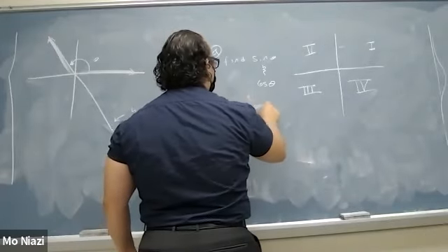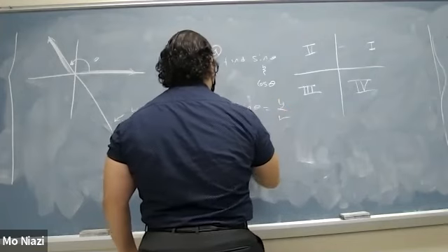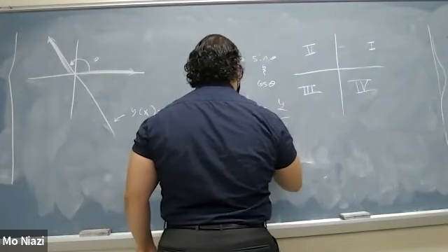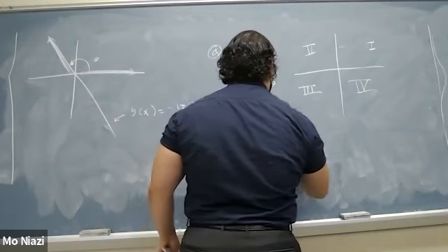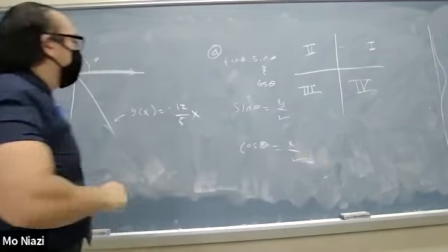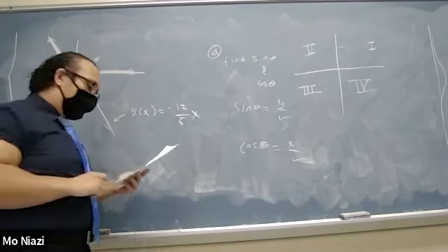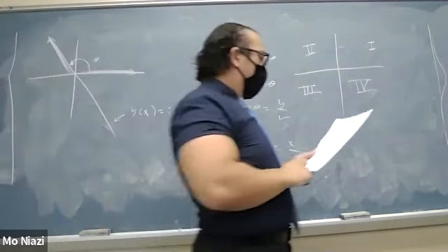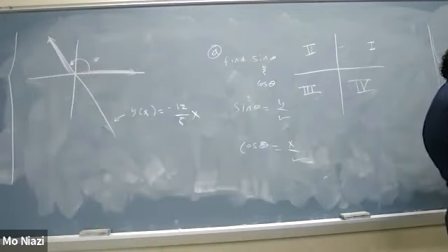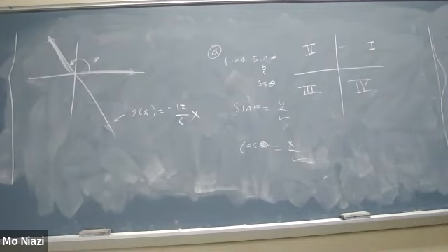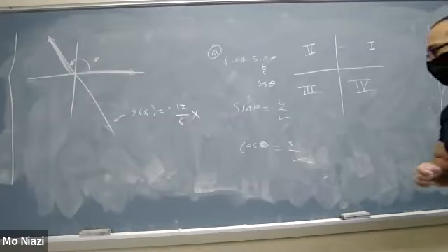Sine of theta is y over r. Cosine of theta is x over r. Well, what is r? Well, you need the x and y to determine r, correct?